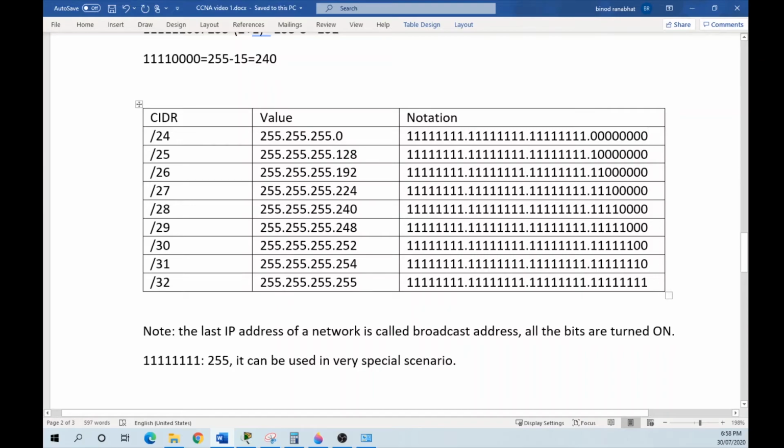We have to turn on all the bits. So this /32 will be used in a very special scenario. For example, we have a host and we want to represent it with the network address just to notify a single host.